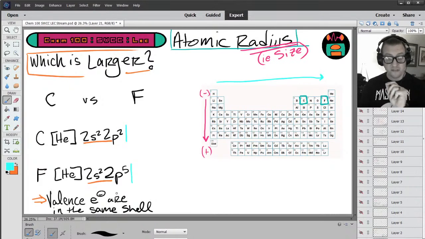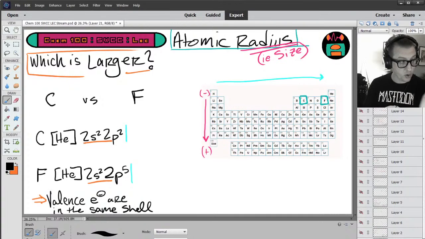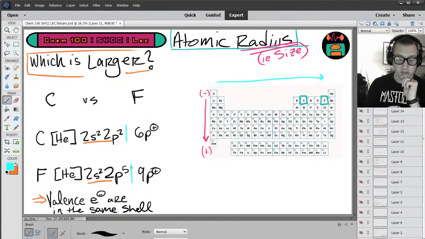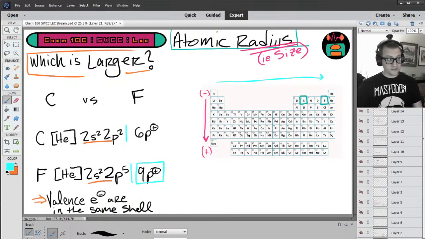We have electrons that are roughly the same distance from the nucleus, but there's one critical difference between carbon and fluorine. Carbon has 6 protons. Fluorine has 9 protons. And we know protons are positive and electrons are attracted to them.